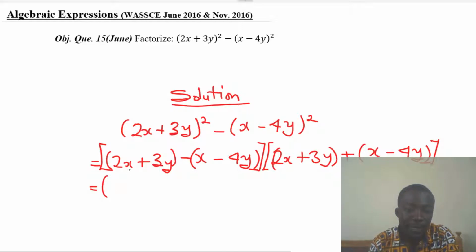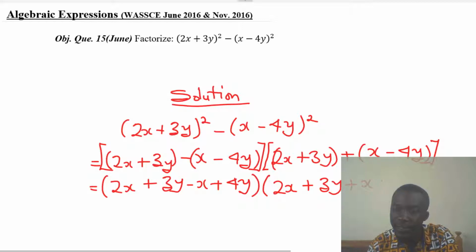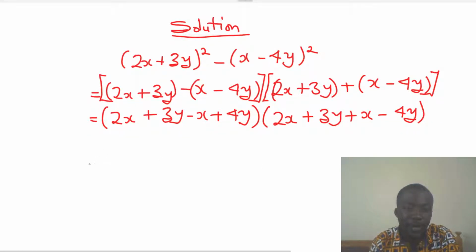So in our first bracket, 2x plus 3y here, negative times x will give us negative x, negative times negative 4y will give us positive 4y. Then we move on to the second bracket. Since here is plus, we are just going to write 2x plus 3y, nothing is going to change here, plus x minus 4y. We can simplify each bracket.